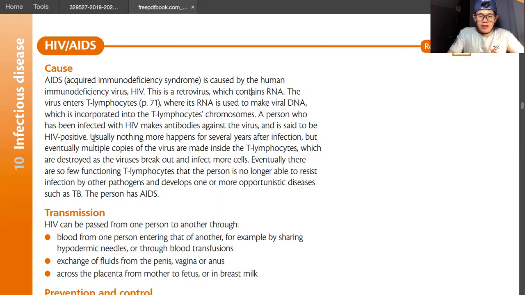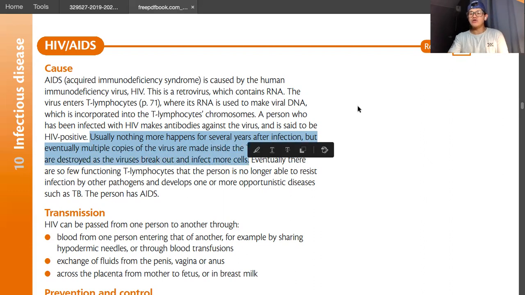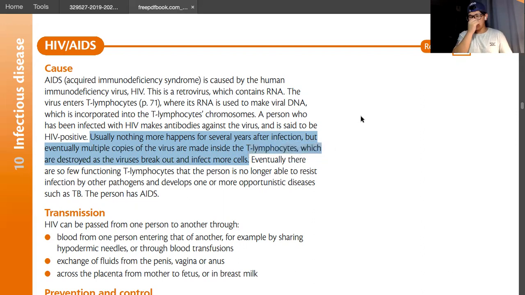And the thing is, usually nothing more happens for several years after infection, but eventually multiple copies of the virus are made inside the T lymphocytes, which are destroyed as the virus breaks out and infects more cells. Usually, if you are infected, it will not be clear that you have it within a few days or a few weeks.